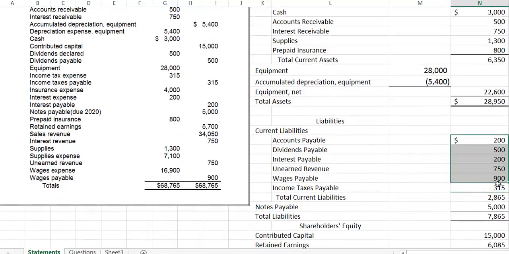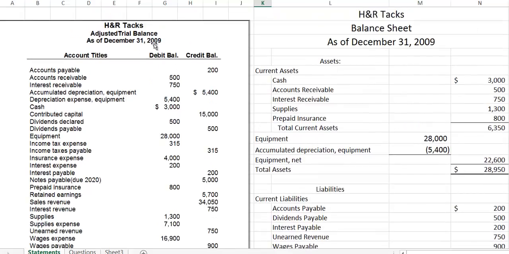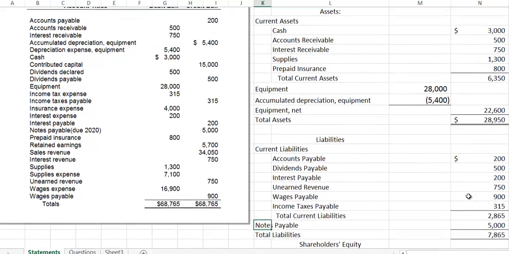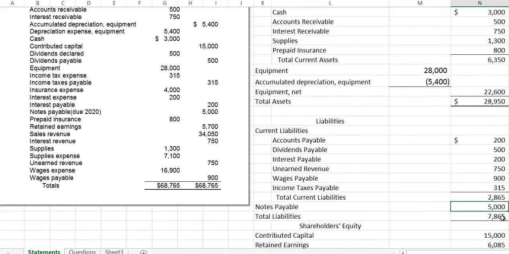So if we add up all these guys, we're going to get $2,865. We have a long-term liability, which is a note payable. And again, we know it's long-term because we're in 2009 and we know it's not due for another 10 years till 2020. So it's long-term, and that's $5,000. So our total liabilities are the total of our current and our non-current liability, which is $7,865.